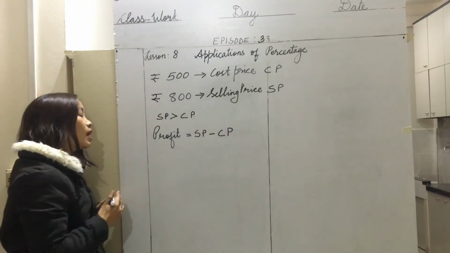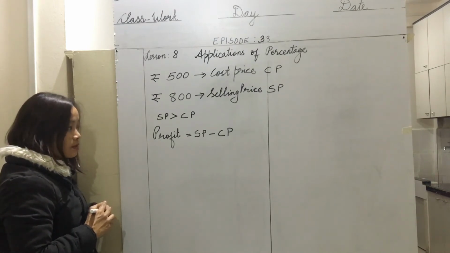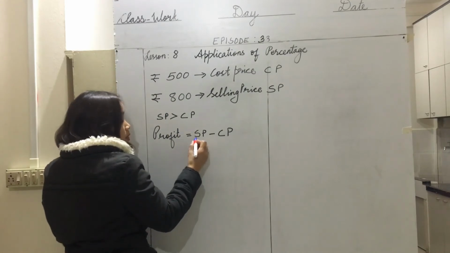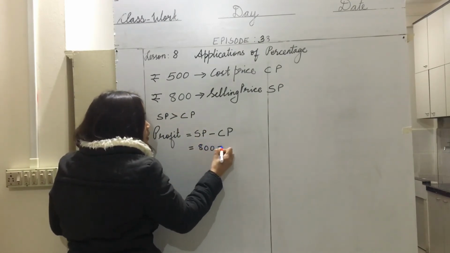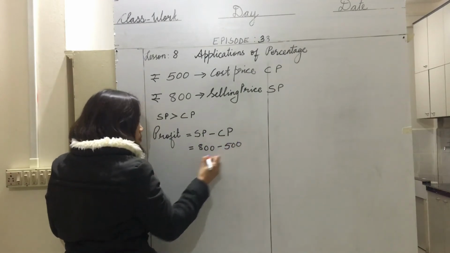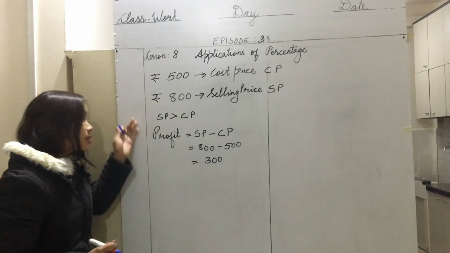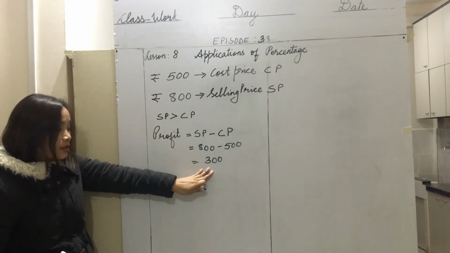This is the formula for calculating the profit, right? So how much would be the profit here for the carpenter? The selling price is 800 here and the cost price is 500. It is 300. That means the carpenter is getting 300 rupees as the profit here, right?